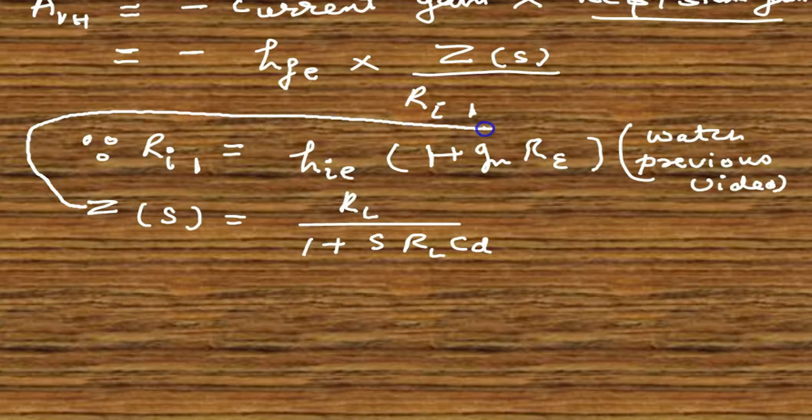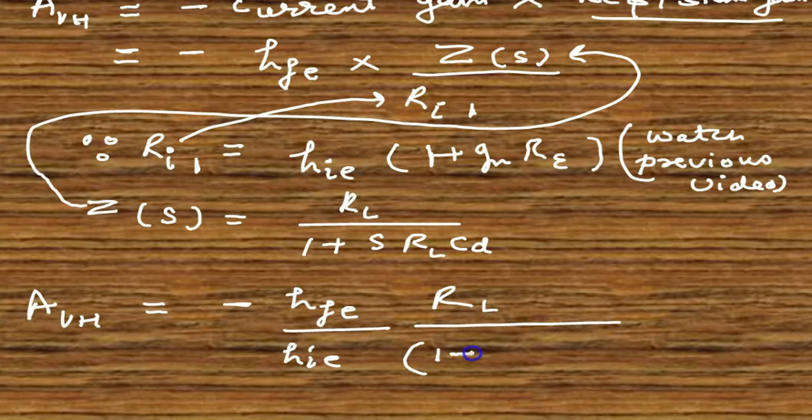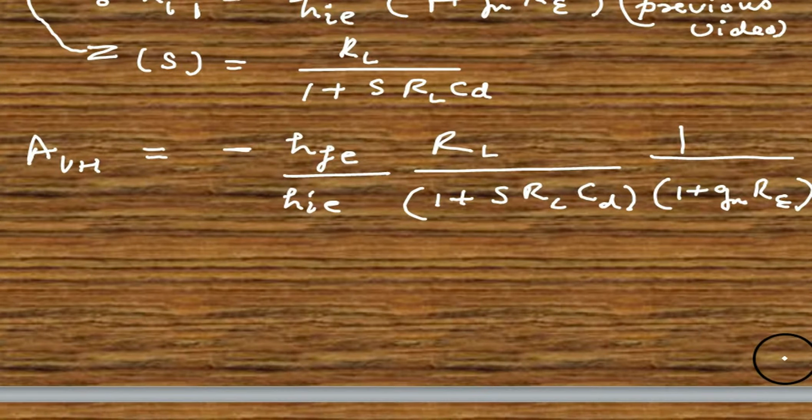Now substituting the two values here, the gain at the high frequency becomes, now you know hfe upon hie. This is gm.